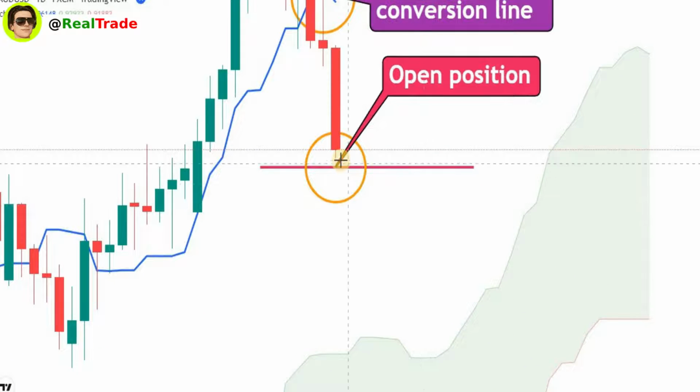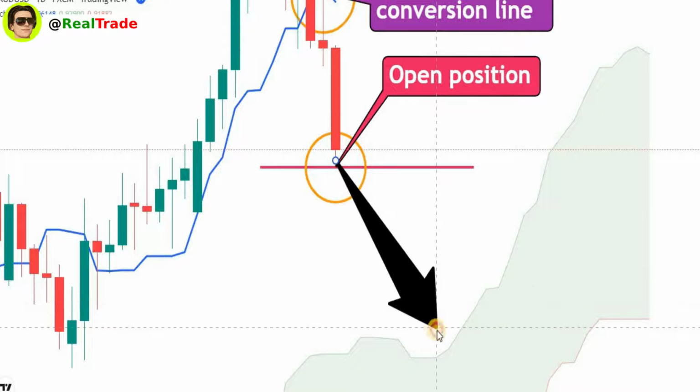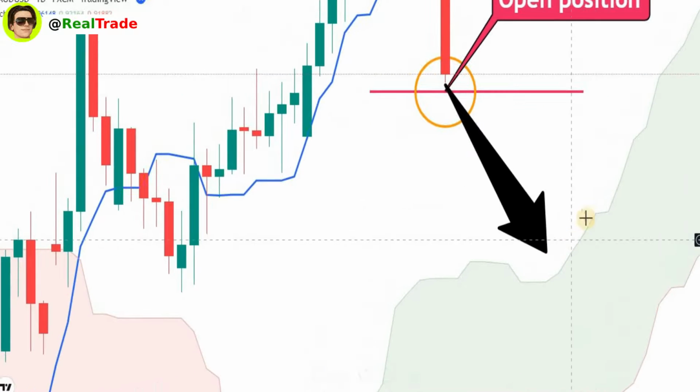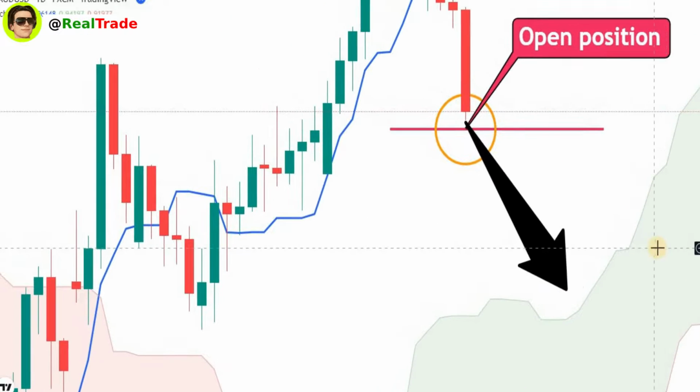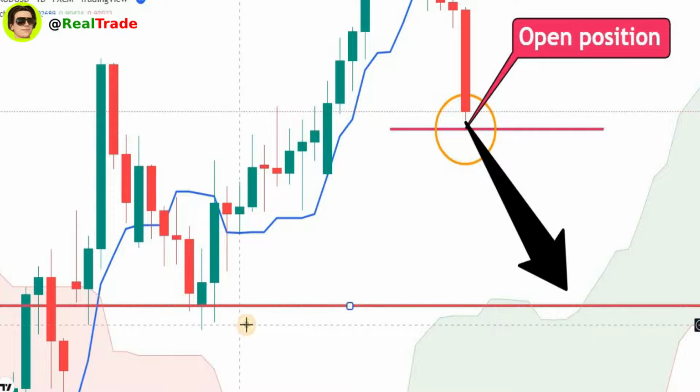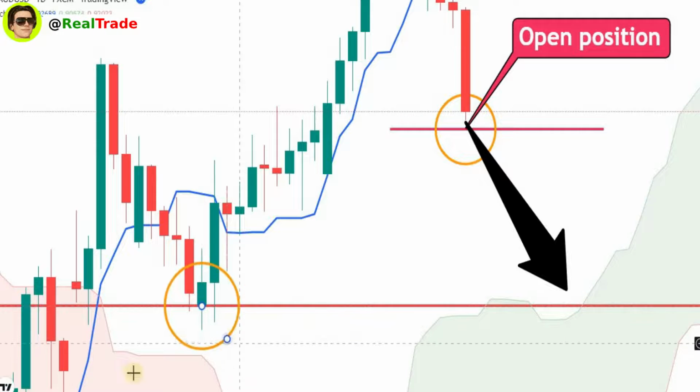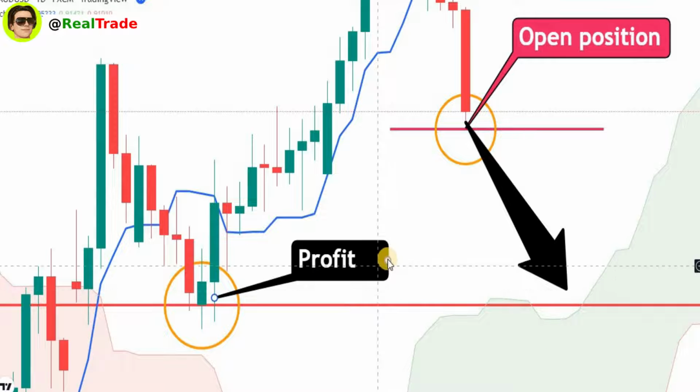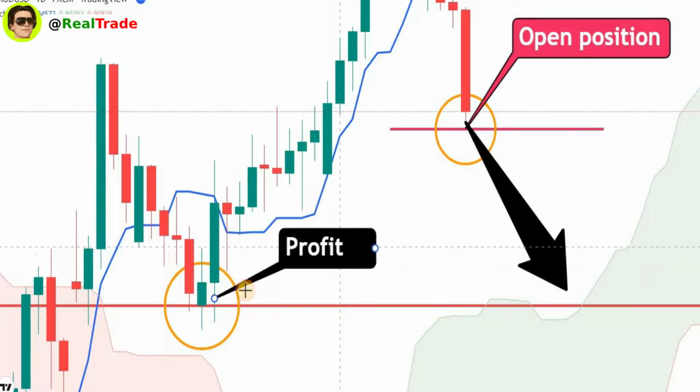The TP, take profit, is next support. This area is next support. Yes, okay. This area. Profit. Best profit. Good profit.